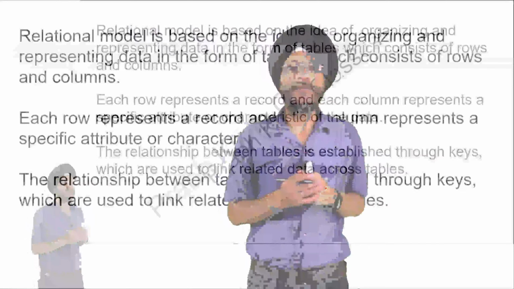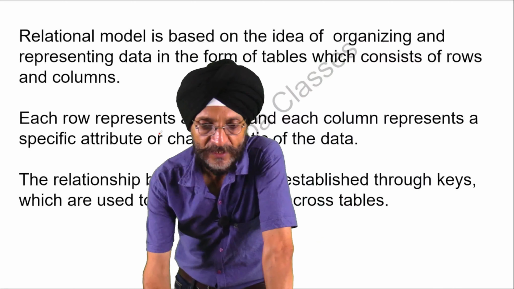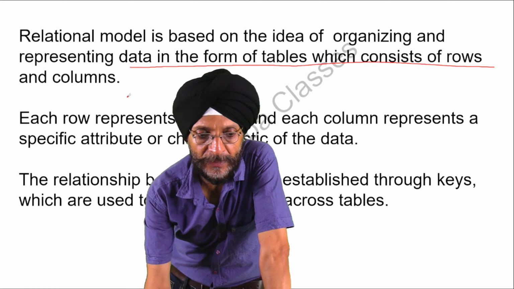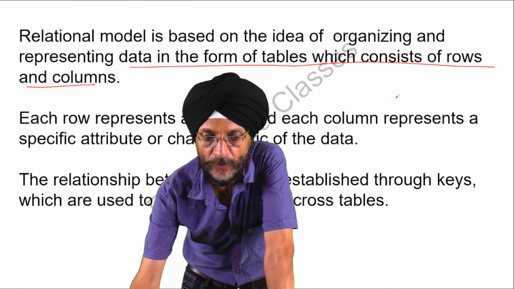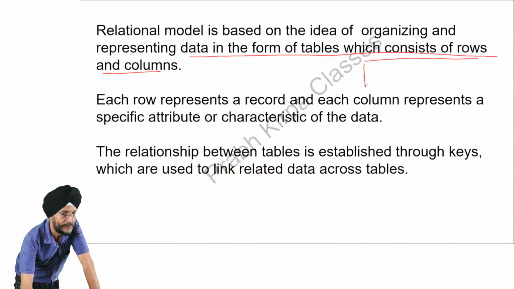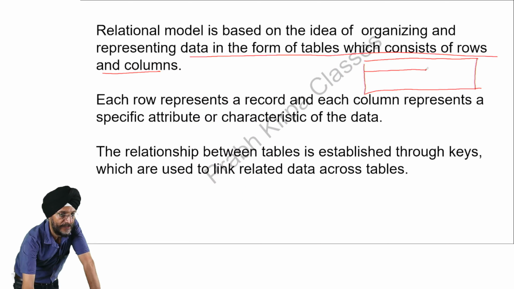A relational model is based on the idea of organizing and representing data in the form of tables, which consist of columns and rows. Suppose this is the table, where these are the rows and these are the columns.